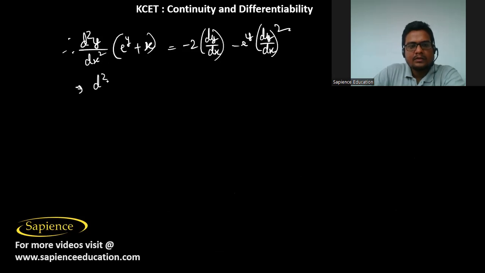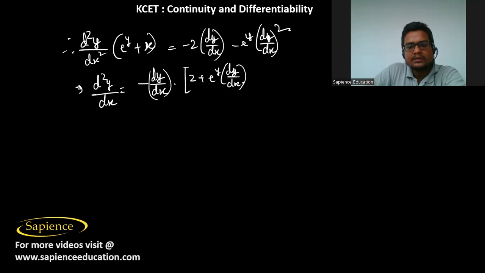So therefore, d square y by dx square will be equal to minus dy by dx into 2 plus e power y dy by dx, divided by e power y plus x.